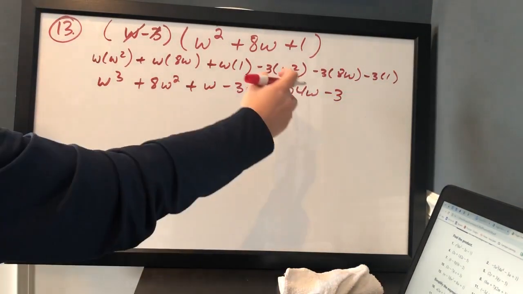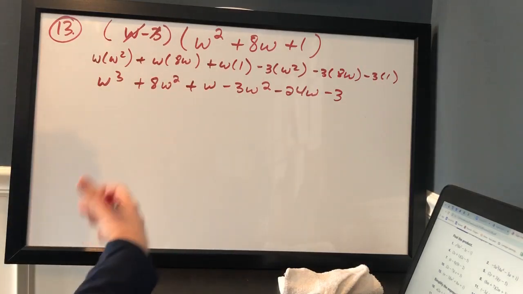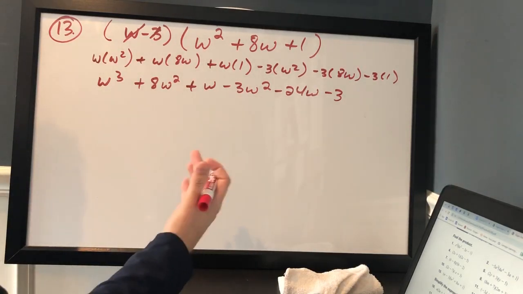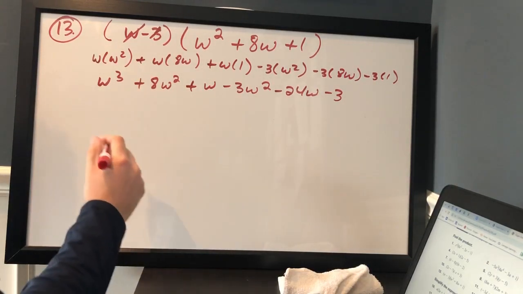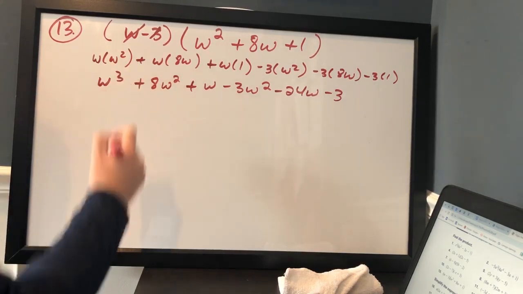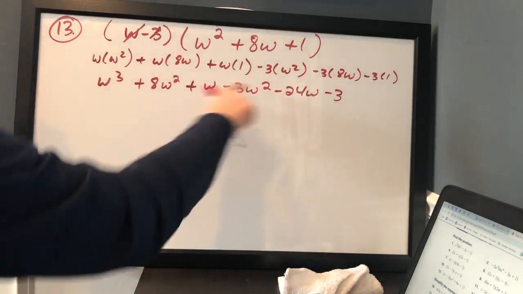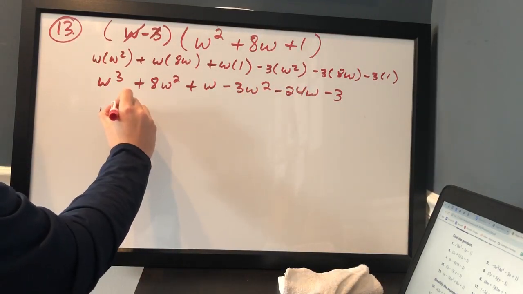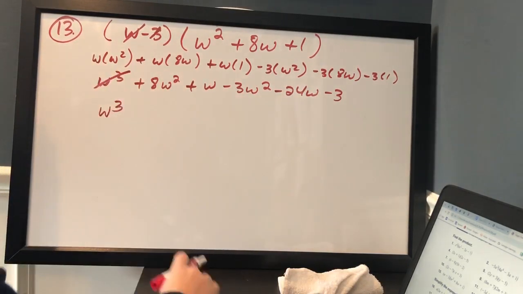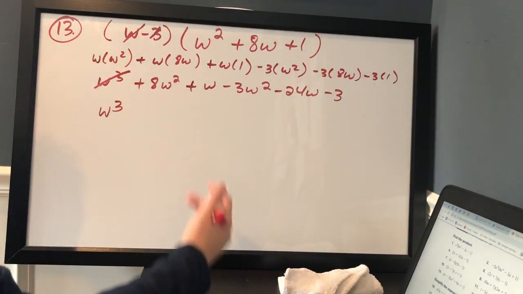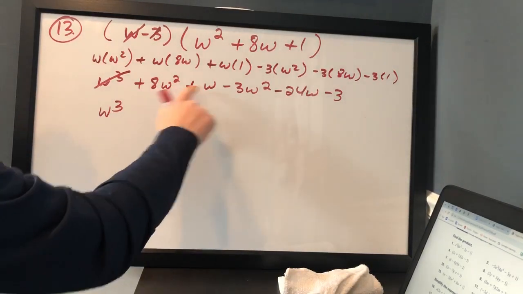Now at this point, we're going to go back to adding and subtracting polynomials like we did in the first section. You're going to combine like terms. Always look for the term with the highest exponent. That's how we're going to write things first. So I see a 3. There's nothing that's more than 3, so we're going to start with W to the third. And I like to cross them off after I've combined them, so I know I don't have to worry about it anymore. Next is a 2.